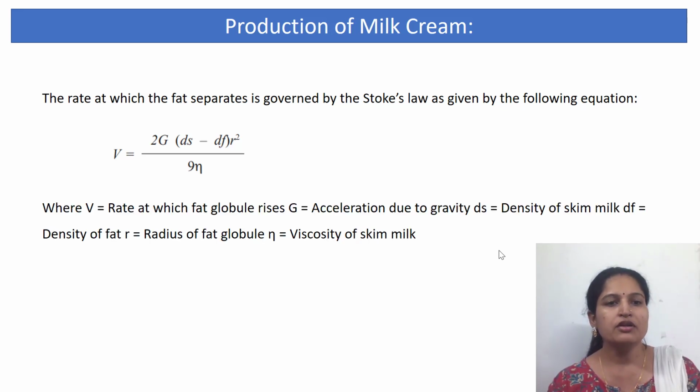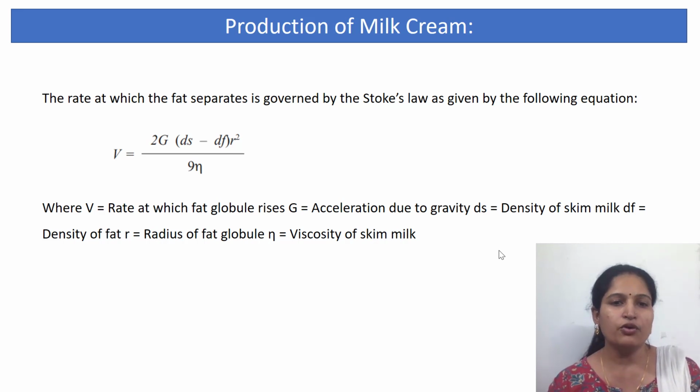Now the rate at which the fat separates is governed by Stokes' law, as given by the following equation: the rate at which the fat globules rise is equal to 2 times the acceleration due to gravity, times the density of skim milk minus the density of fat, times the square of the radius of the fat globule, divided by 9 times the viscosity of the skim milk.